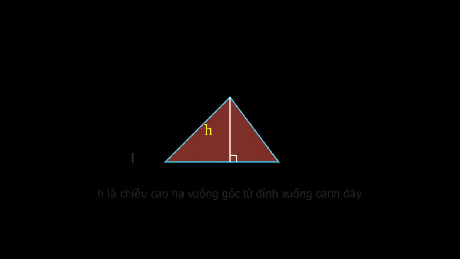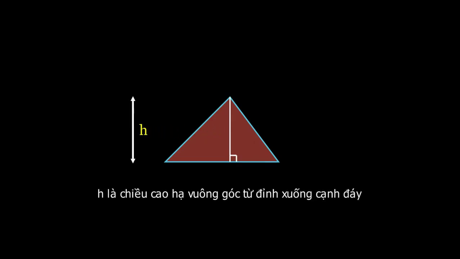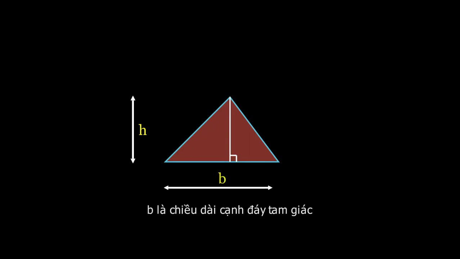H is the height measured at right angle to the base. B is the distance along the base. S is the area of the triangle.